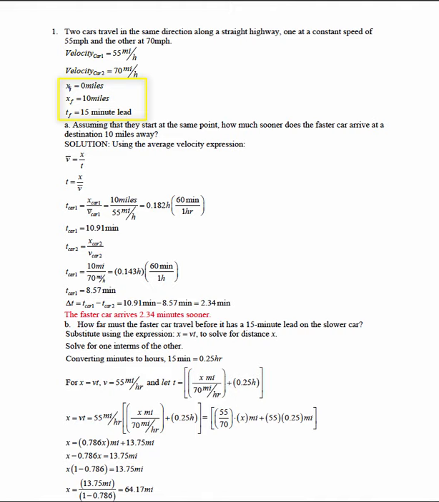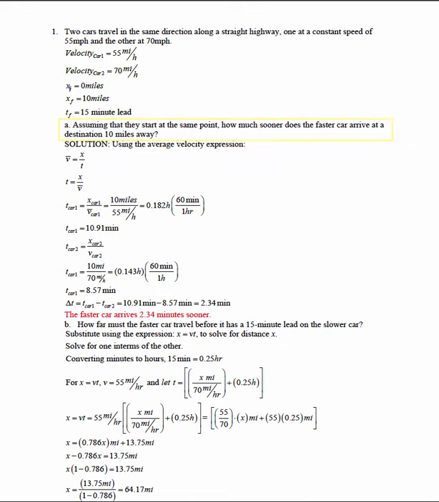Part A says, assuming that they start at the same point, how much sooner does the faster car arrive at the destination 10 miles away? So there's our given of 10 miles. The solution is done by using the average velocity expression.